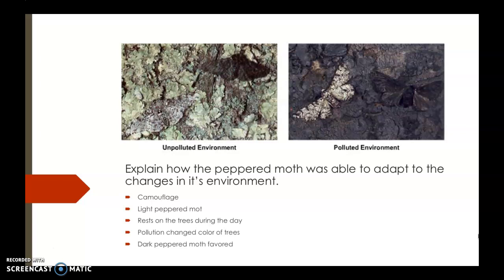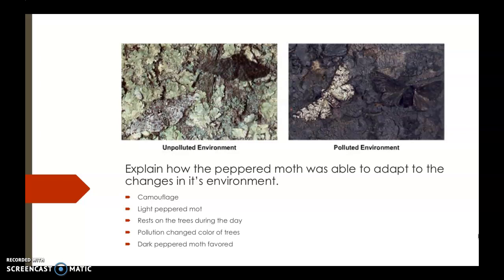If we look at this peppered moth, in the beginning it was primarily a light gray with some black on it, and that made it fit really well for camouflage when resting on a tree, because peppered moths fly during the night and rest during the day, just resting on the tree.